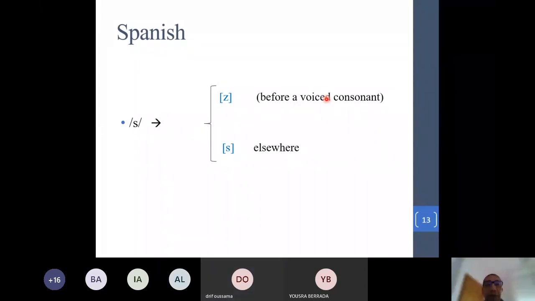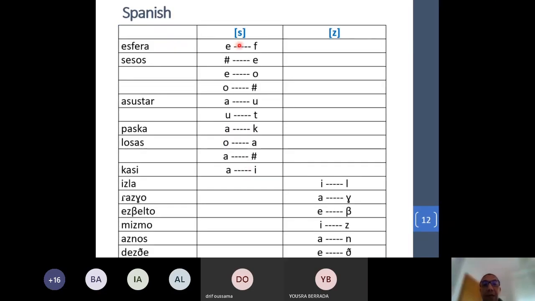All right, but what we will focus on here today is the fact that these two variants are allophones of the same phoneme. Why are they allophones? Because they occur in complementary environments. One environment complements the other. What we mean by complementary is that this environment is exclusive.